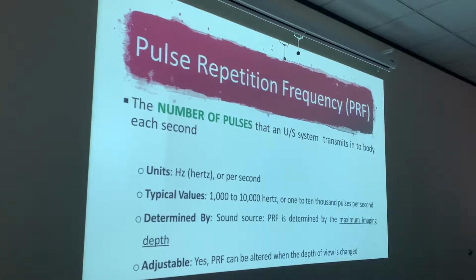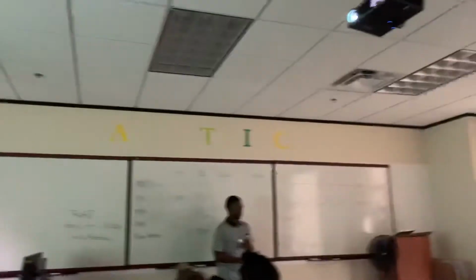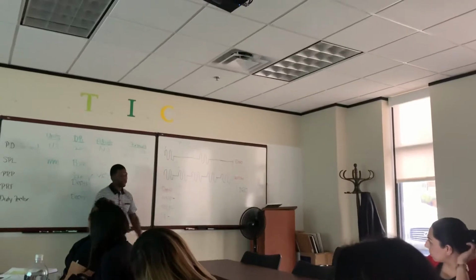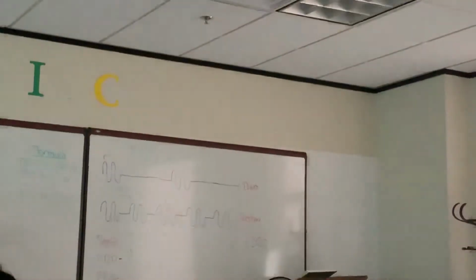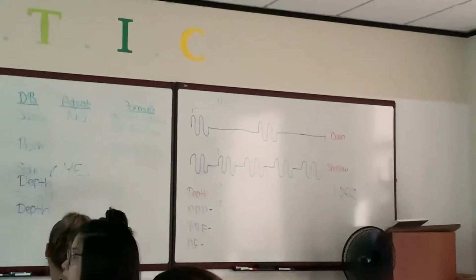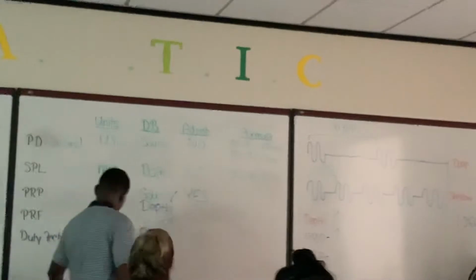So that's going to make my pulses occur more frequently. If I'm looking at something deep, I'm not able to send another pulse out until I get my reflected sound waves back. So if I increase my depth, then I'm going to be decreasing my pulse repetition frequency, because those pulses aren't going to be able to go out as often. That's why it is inversely related to the imaging depth, guys.